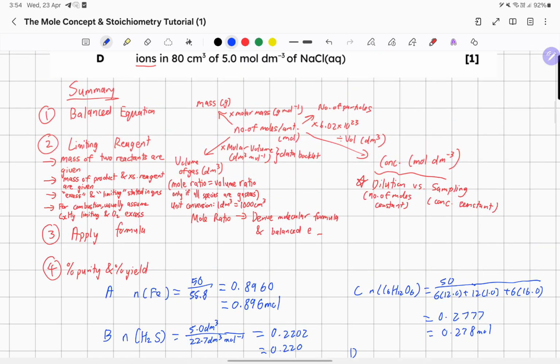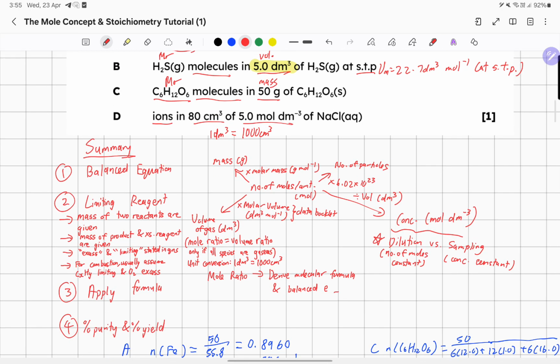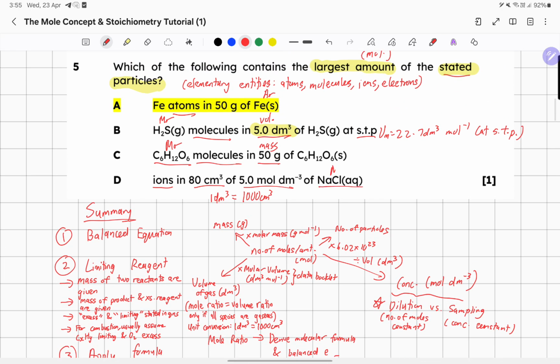Okay, and for the last part, for ions, you're given the volume and the concentration, and notice how the units are different. When the units are different, you need to take note 1 dm cube equals 1000 cm cube. Okay, so this is a unit conversion, right? You can also find the Mr over here, but realize that mass is not given, so that's why we can't make use of this.